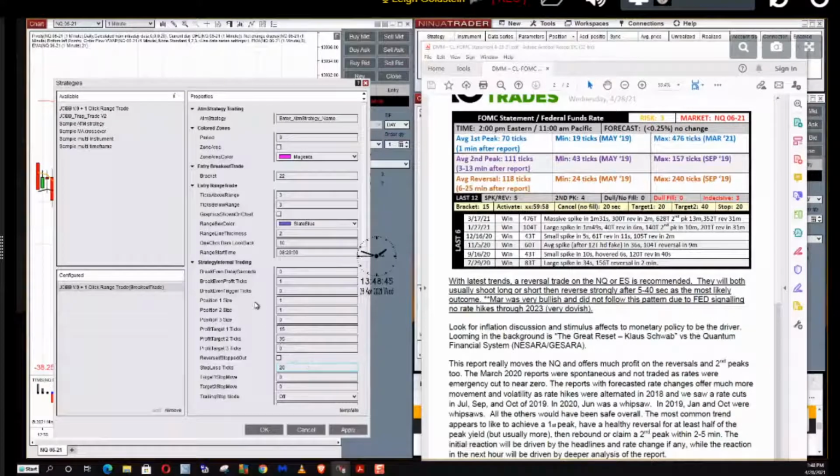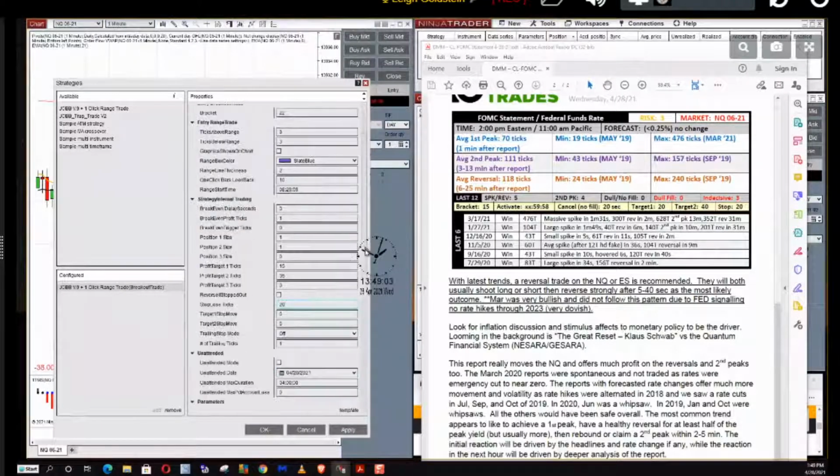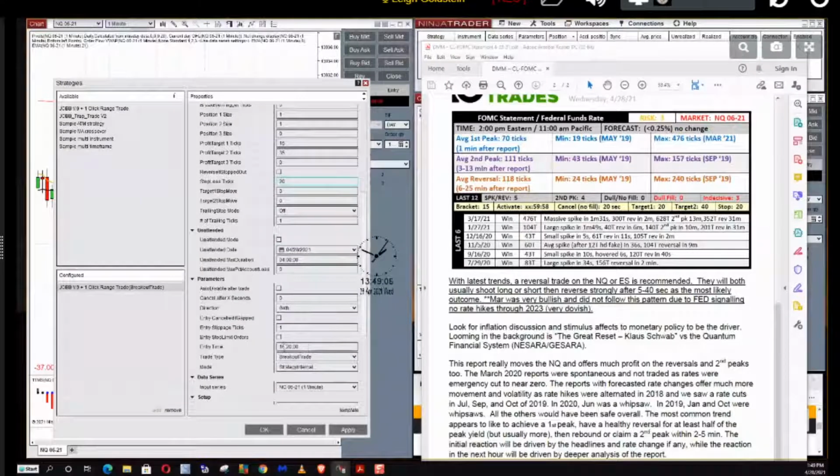The stop is 20. The stop is 20. And if my first target gets hit, I'll try to move my stop to break even.